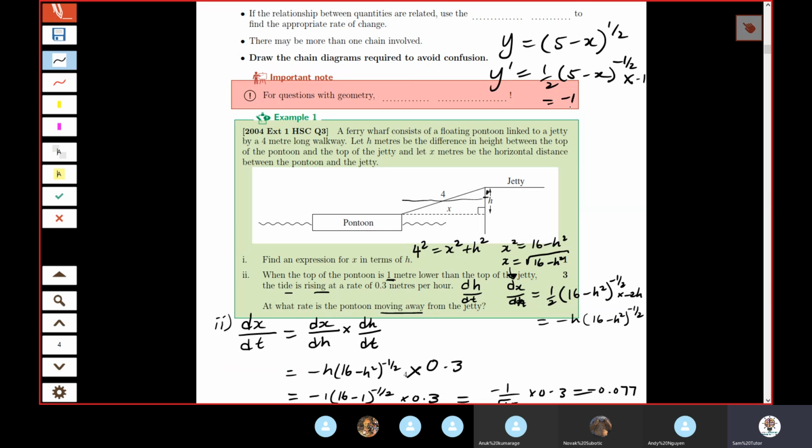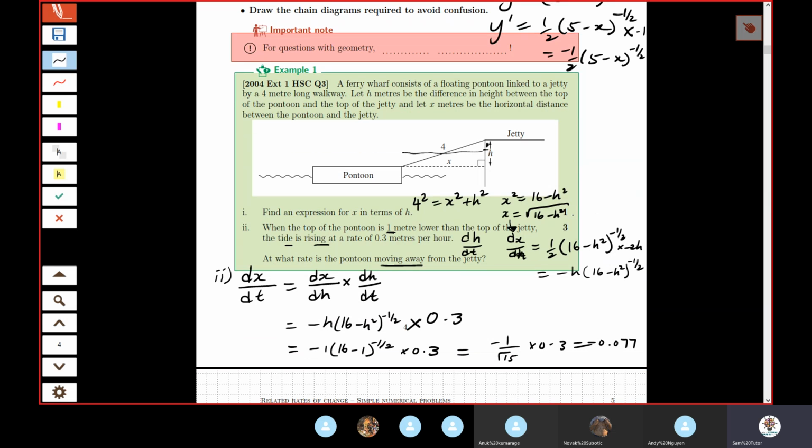So your answer becomes negative half, 5 take away x, to the power of negative half. Same thing: square root becomes power of a half, you bring the half down, you rewrite the inside, you take away 1 from the power, which becomes negative half, and you multiply by the derivative of the inside. Then I just rearranged it. So that's how we differentiate.